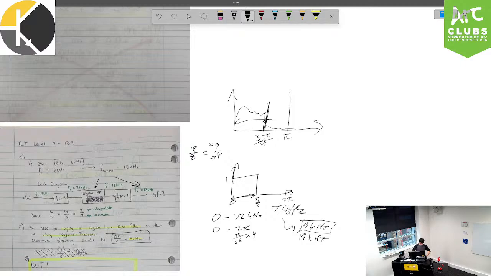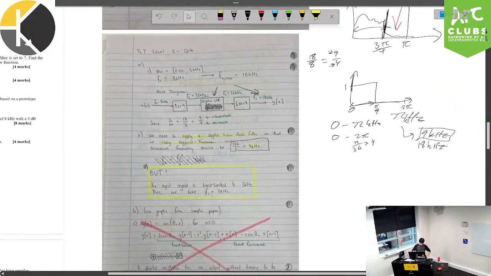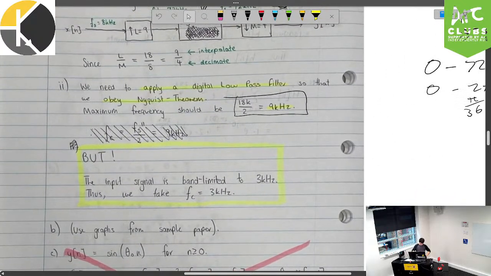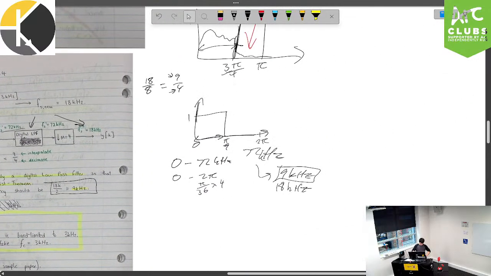So what we could do, additionally, would be destroy this section after the little bit of working. So we could limit it to 3 kilohertz still. Okay? In which case, this pi on 9 would instead be a different value.